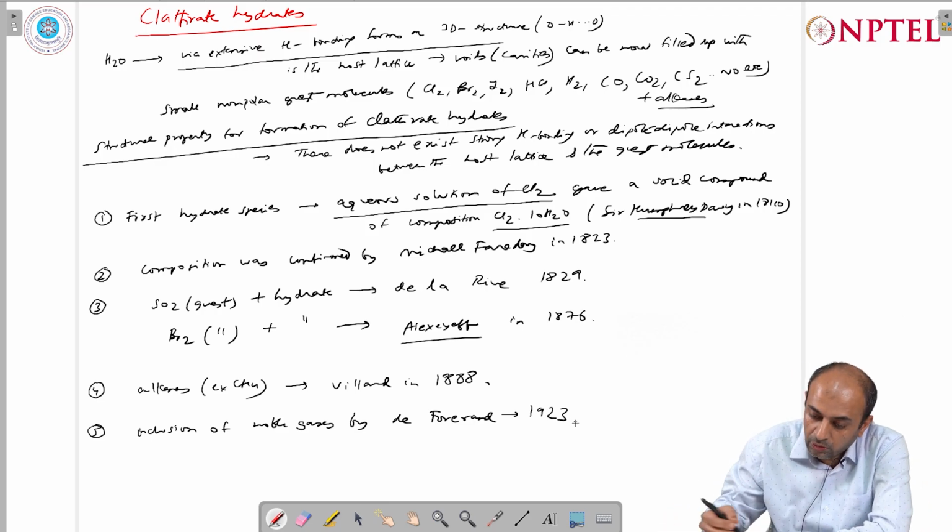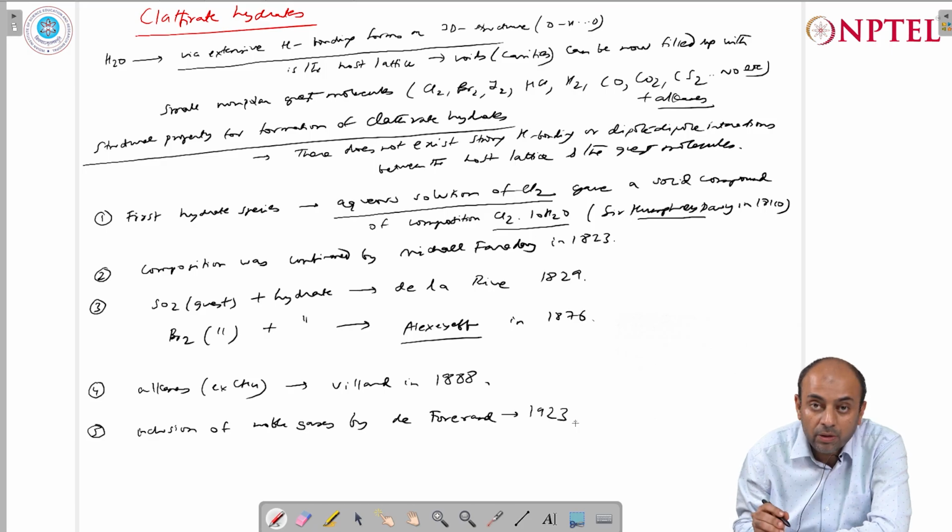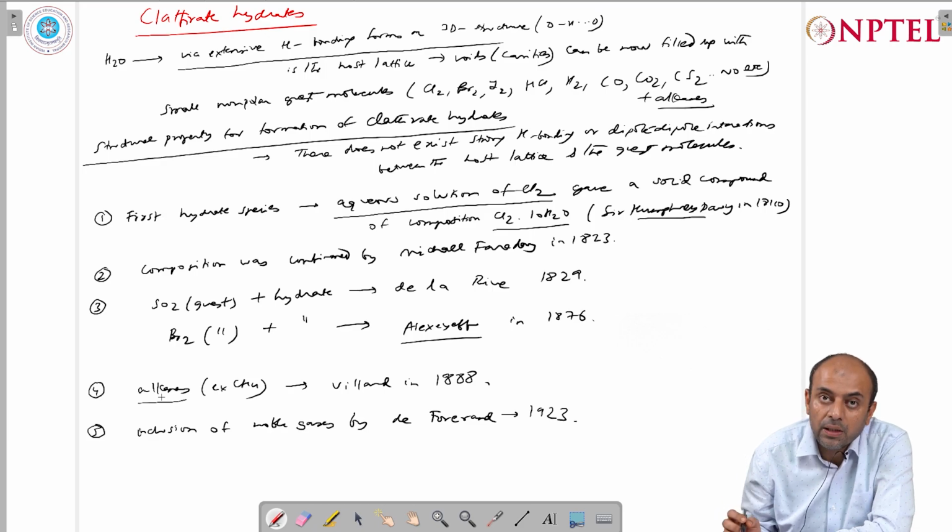Now, there were a large number of discoveries with respect to the formation of these gas hydrates, and the most important discovery turned out to be the combination of compounds which are formed by alkanes with these water molecules, and this turned out to be a very significant discovery.